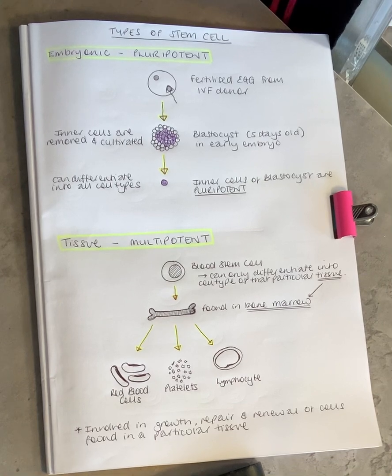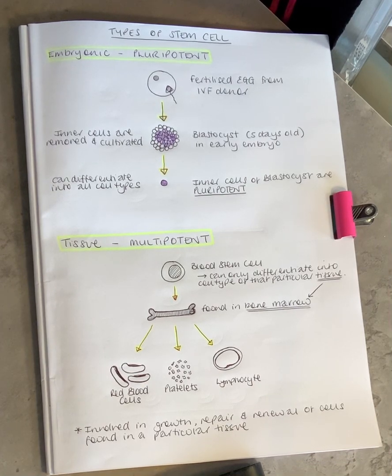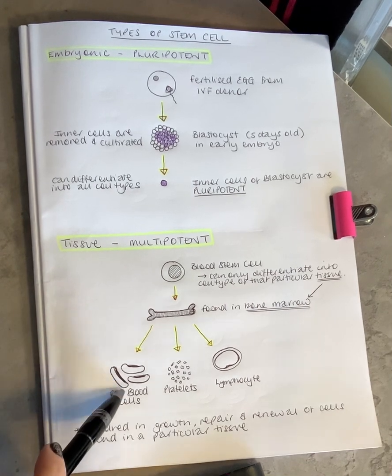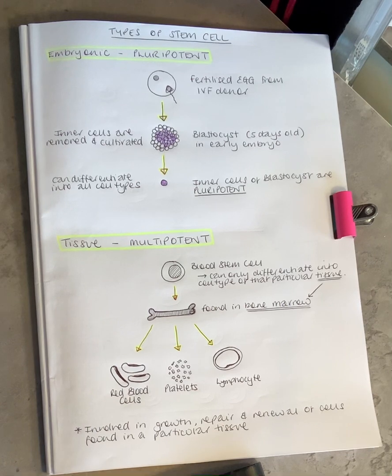Red bone marrow relates to red blood cells, platelets, lymphocytes, monocytes. There are many different types of cells within the blood, especially in relation to the immune system, but I've listed the ones that we teach you within the course.